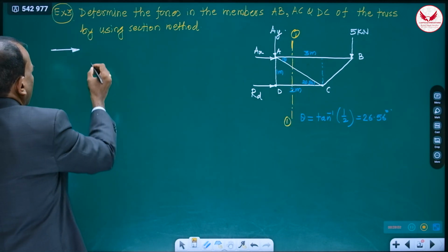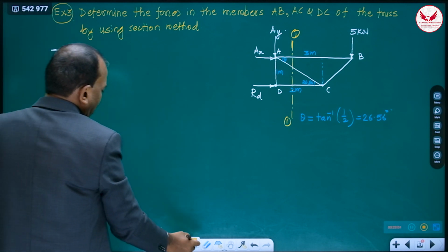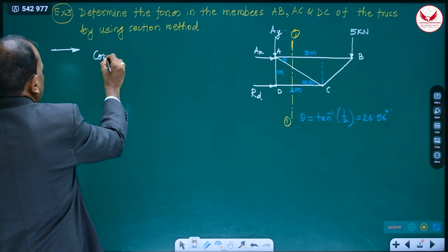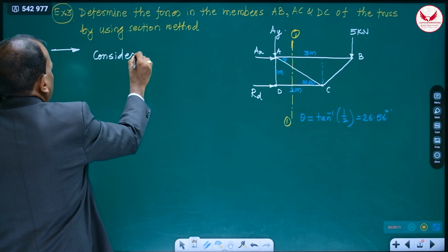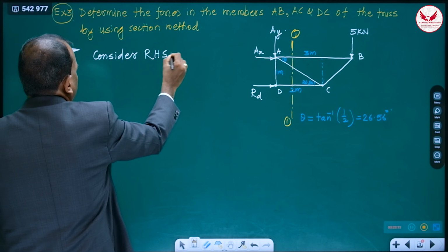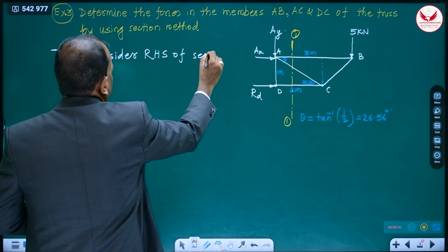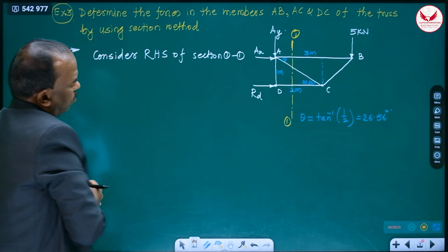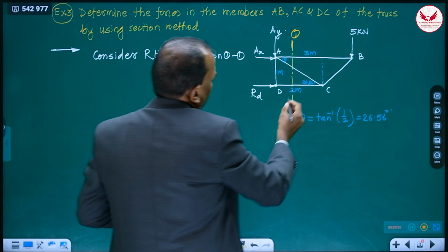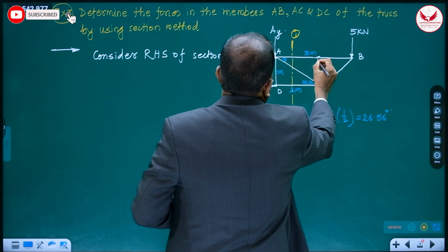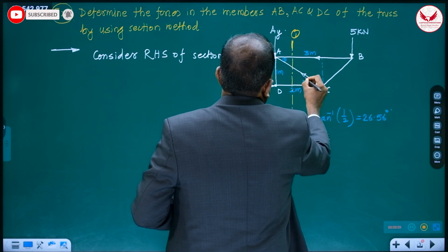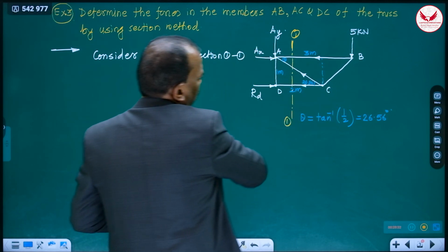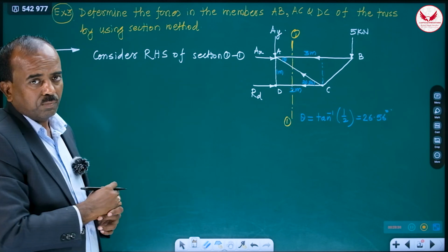In the answer itself, you consider RHS of section 1, 1. And as I have told, all the members initially you consider tensile, and this is also tensile, means away from the points B and C.